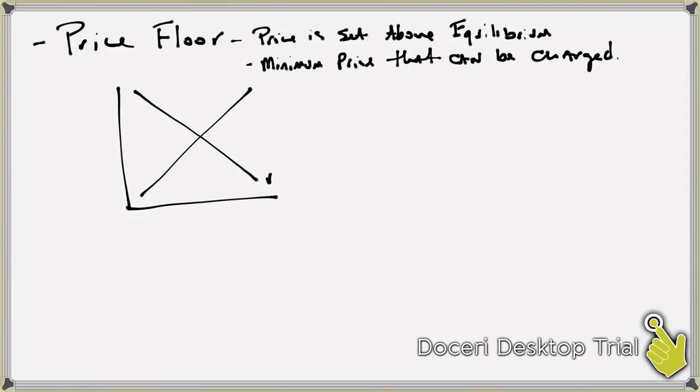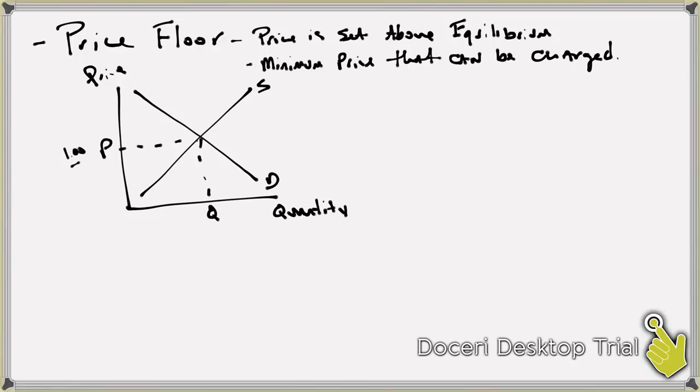Got my demand curve, supply curve, and my equilibrium. There we go. Okay. Now let's just stick with the same example. We'll say that we're selling donuts for $1. That's our equilibrium. Okay.